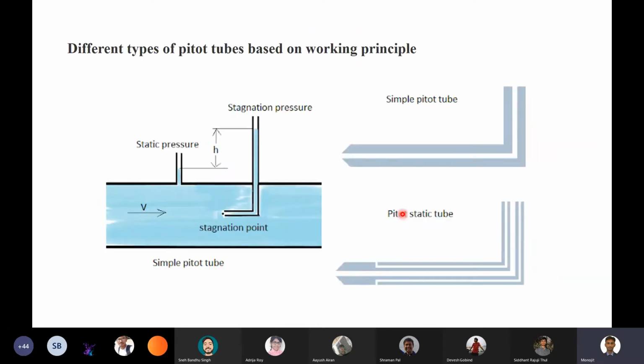This kind of configuration is known as a pitot static tube, and the first configuration is known as a simple pitot tube. The one that we have in our lab is the simple pitot tube. We don't have the pitot static tube, but this one is used in aircraft. How exactly this works in aircraft, I'll show you in a small video. You might get interested by looking into that.